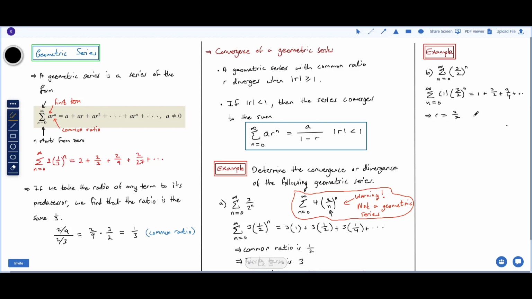So plugging in the first 2 or 3 terms will give me my first term and my common ratio. If you plug in the first few values for n, you can easily see what your first term is. And then you can take the ratio of the first 2 terms: 3 over 2 divided by 1 gives you 3 over 2. So that's your common ratio.